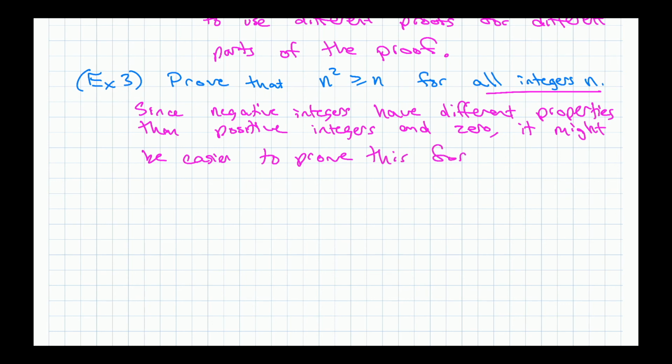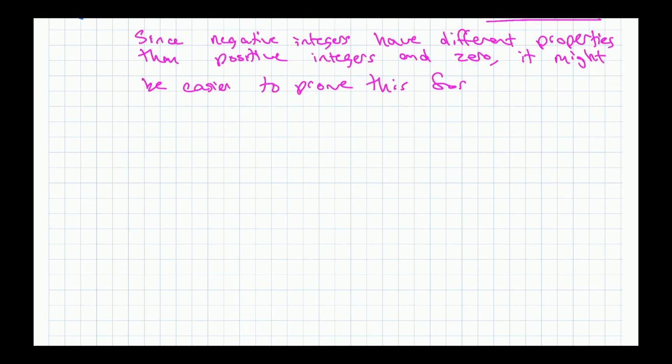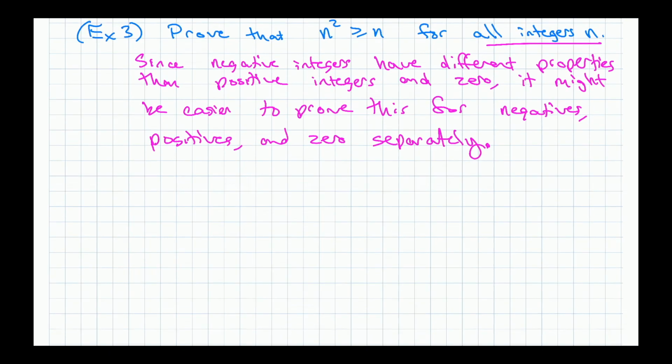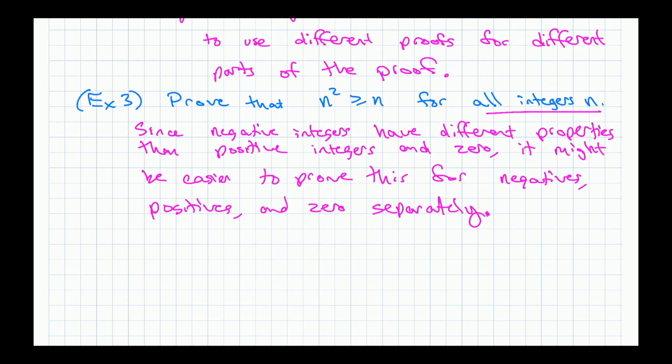What we want to do is positive integers, negative integers, and 0. Or negatives, positives, and 0 separately. Now, it might not be easier to do it that way, but it might be easier.